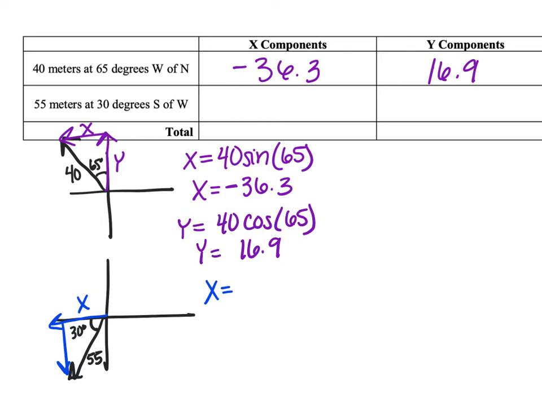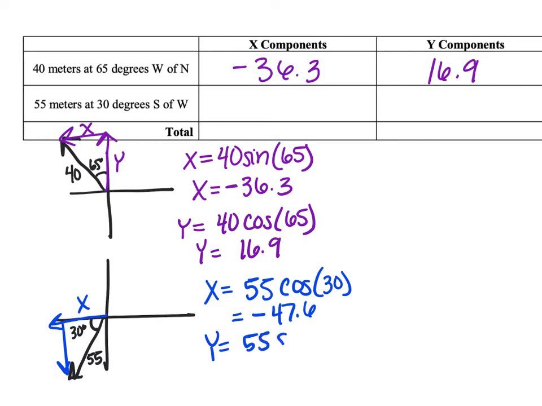So it's going to be 55 cosine 30, and that is going to equal 47.6, and we want to make that negative because it is headed west. Then for the y value, it's going to be 55 sine 30, and that is going to equal 27.5. We also want to make that negative because it's headed south. So now we can put those in our chart: negative 47.6 and negative 27.5.